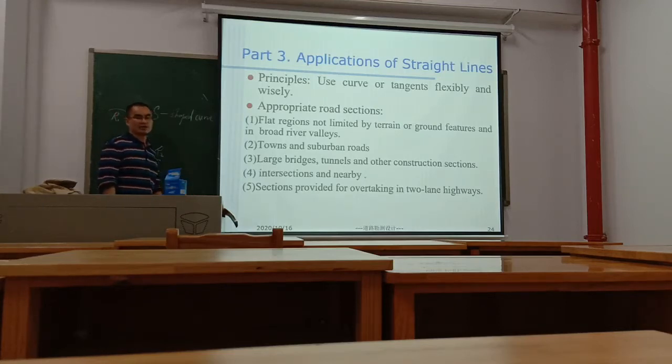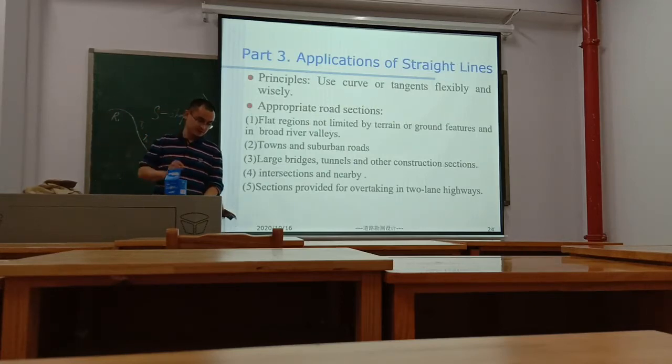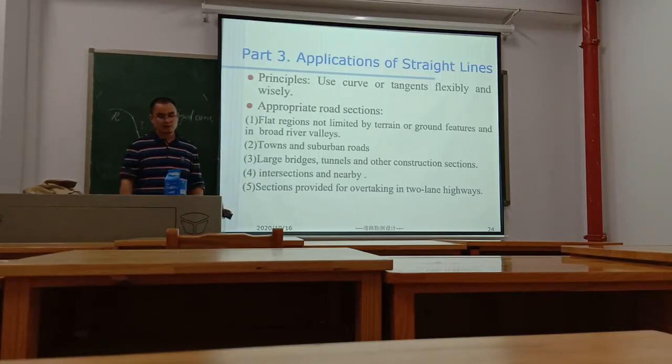Towns and suburban roads. 3. Large bridges, tunnels, and other construction sections. 4. Intersections and nearby. 5. Sections provided for overtaking in two-lane highways.